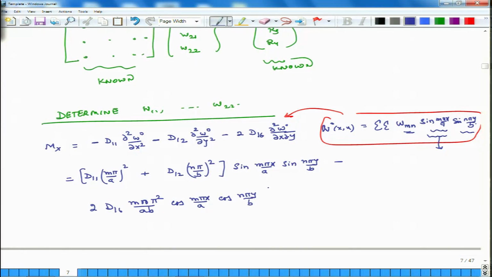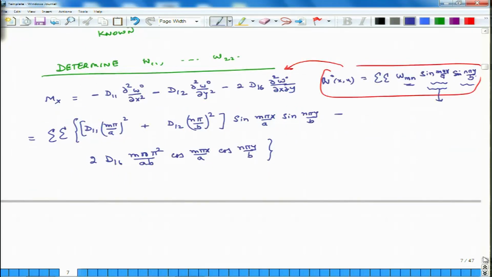And this entire thing I have to sum up over the indices m and n. So this is what I get.